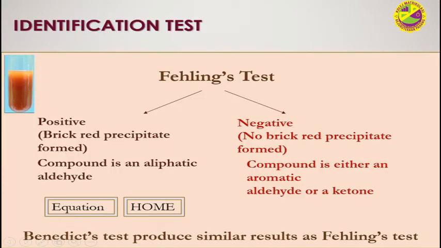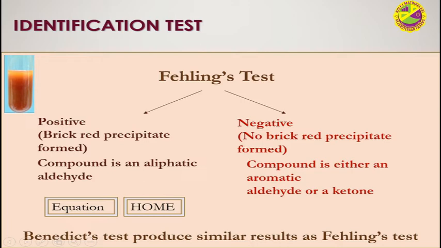The third one is Fehling test. If Fehling test is positive, brick red precipitate will form, indicating the compound is an aliphatic aldehyde. But if the test is negative, there is no brick red precipitate form and the compound is either an aromatic aldehyde or a ketone.